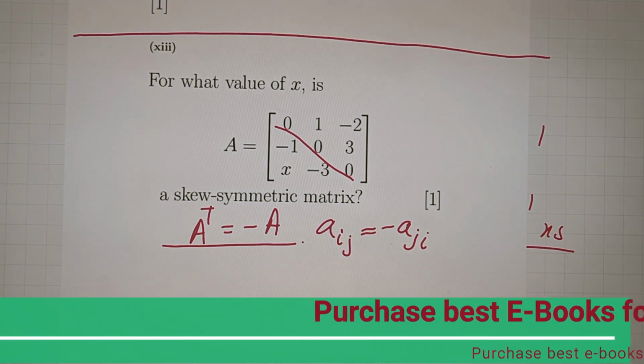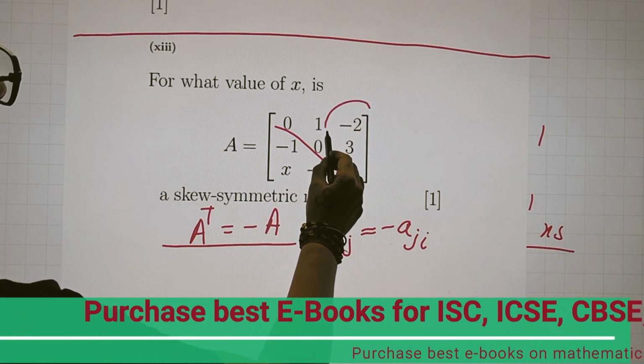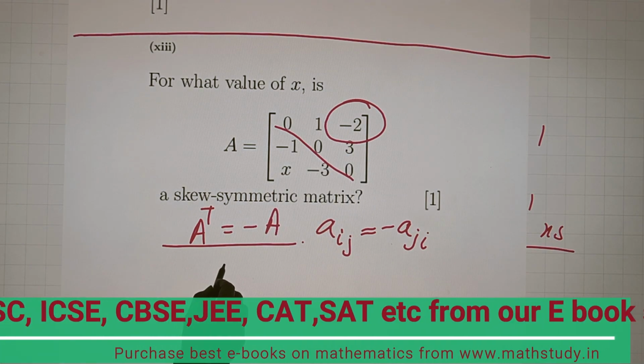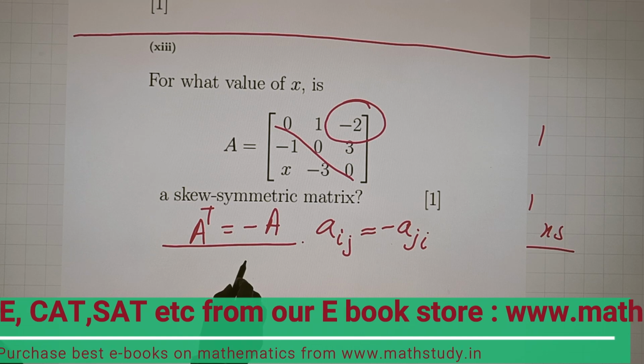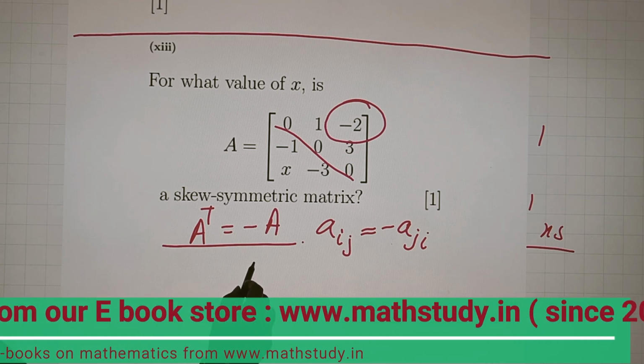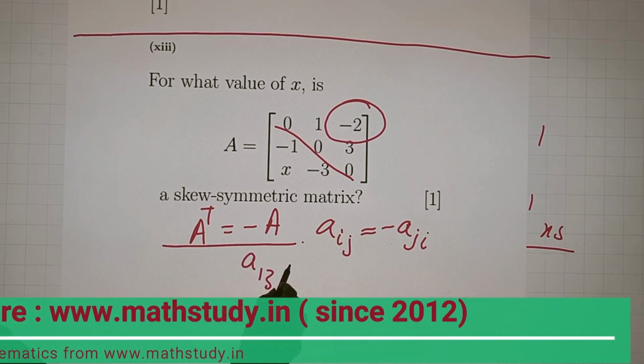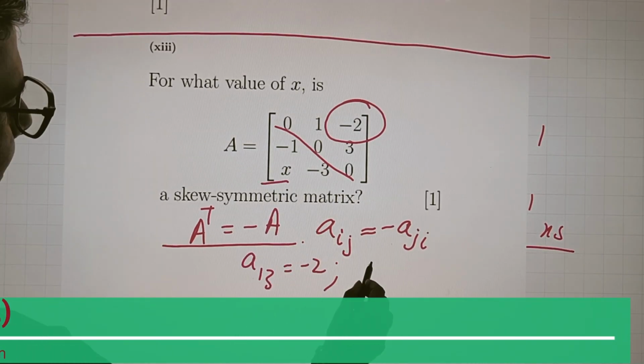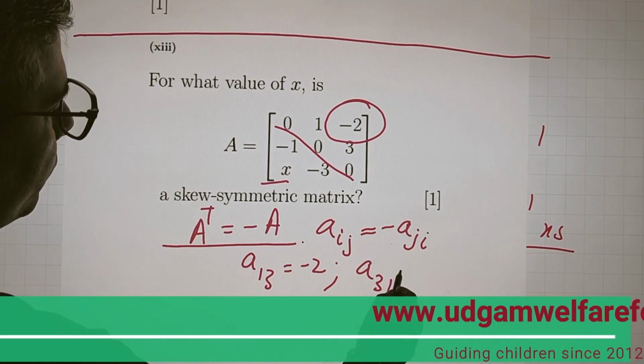So here we can see the position of minus 2 is first row and third column. First row and third column is equal to minus 2 here, and the position of x is third row and first column.